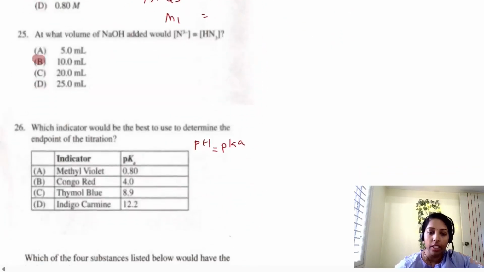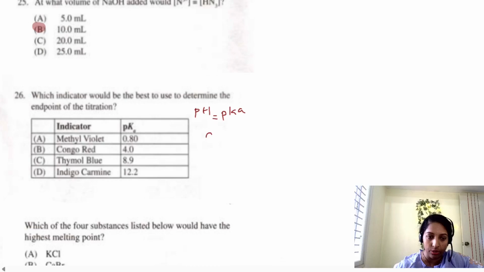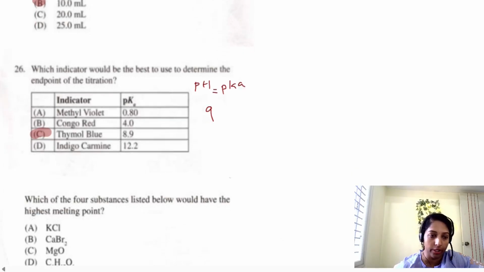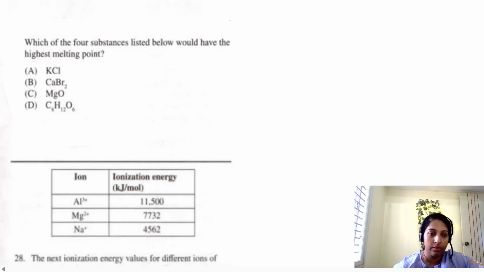So we need a pKa of 9. Which is close to this one? Out of these values, it's C. Correct? Always the equivalent point pH should be equal to the pKa of the indicator. The equivalent point pH is 9 here, so you need a pKa of 9. So 8.9.